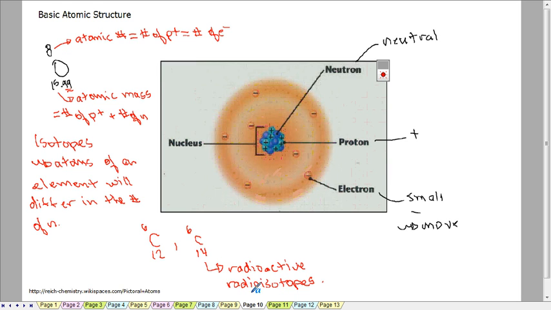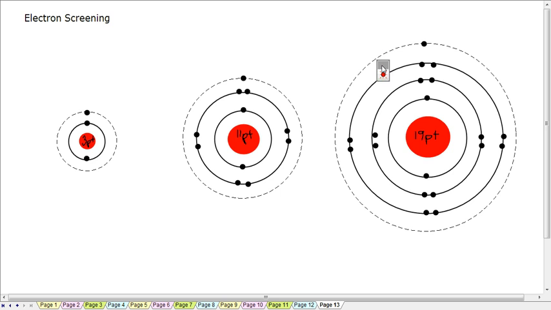Now, what we need to do is take a look at some of the implications for this model of the atom and figure out how it explains some of the interesting quirks in the physical and chemical properties of different elements. So what we're going to do is talk about this concept of electron screening.